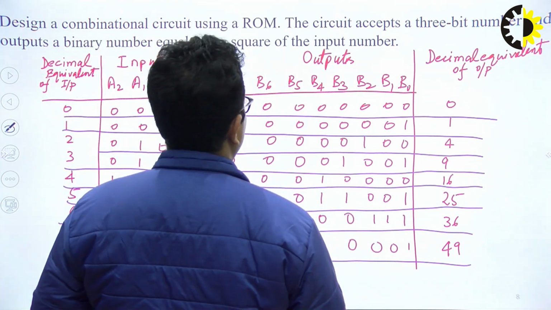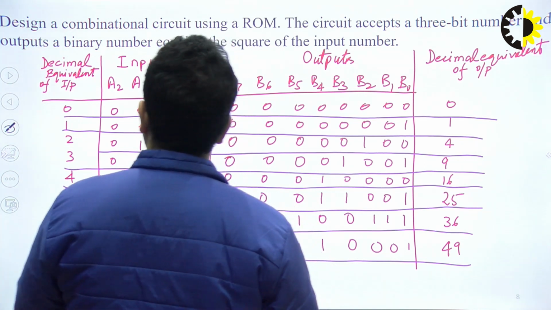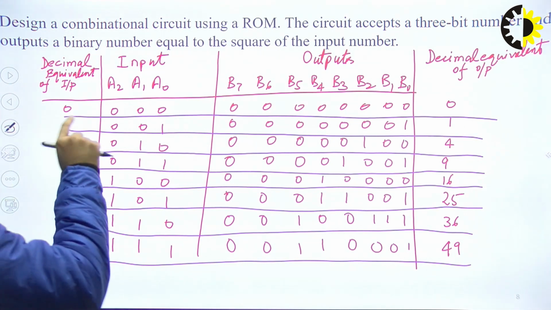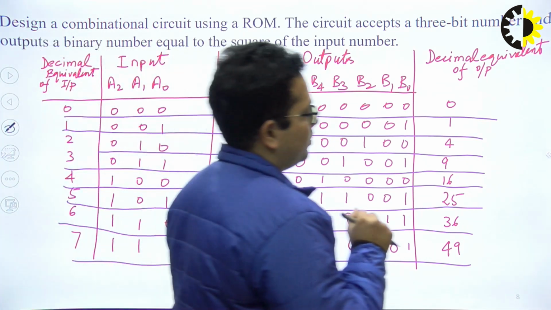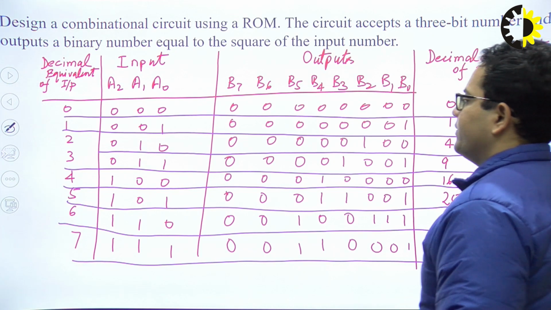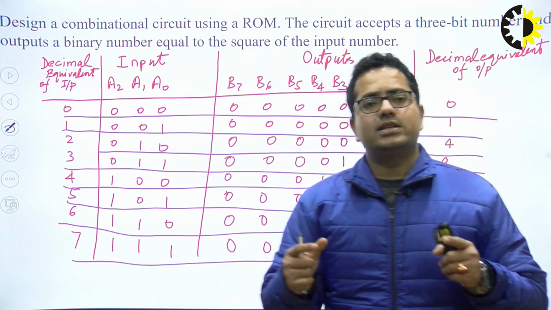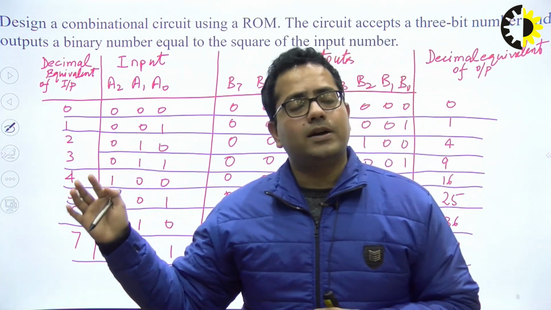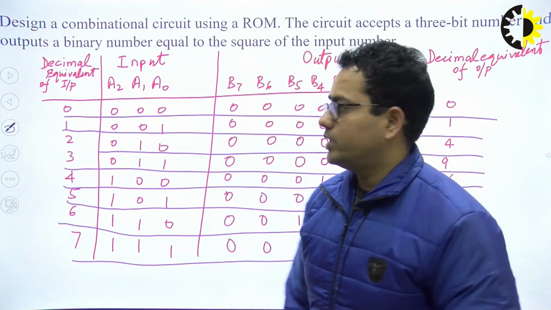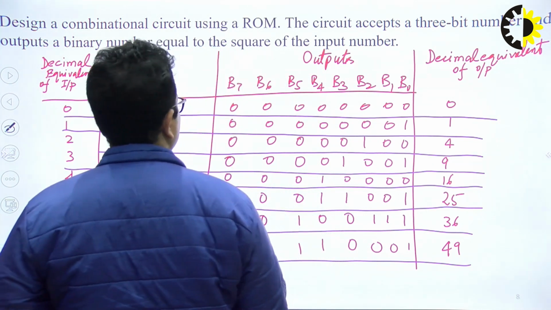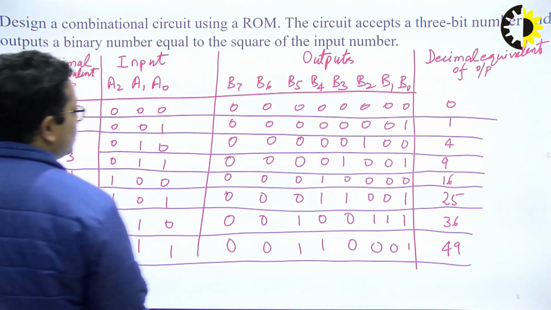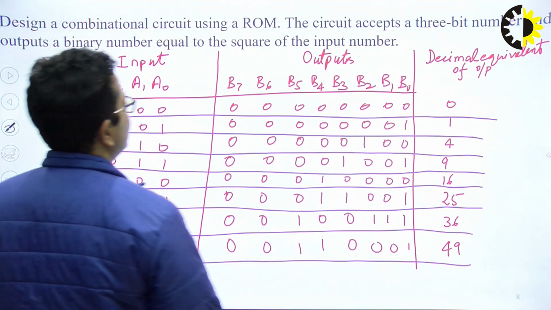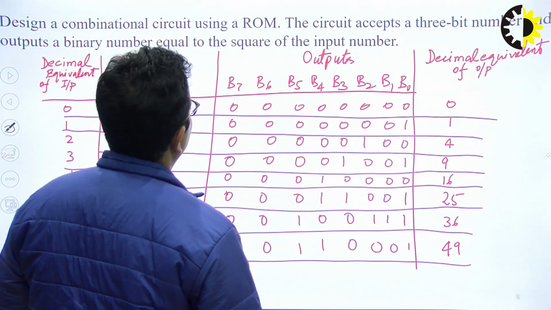Out of this we have to implement this particular logic, this particular circuit, with the help of a ROM. In that ROM, it consists of a decoder as well as OR gates. So let us try to implement it. Before implementing, let us get the values for B0, B1, B2, B3, B4, B5.